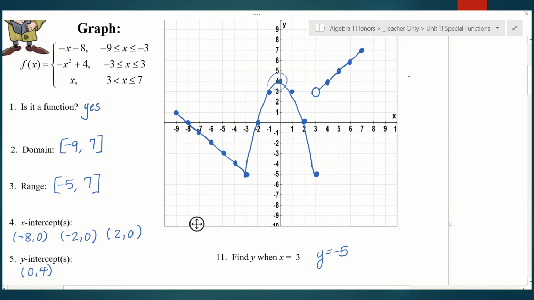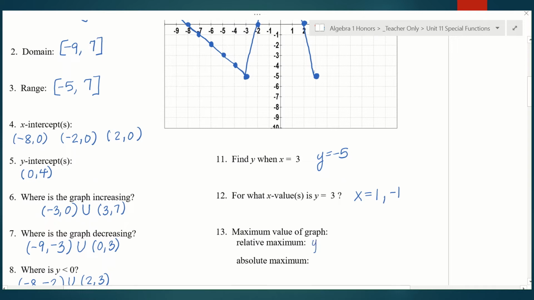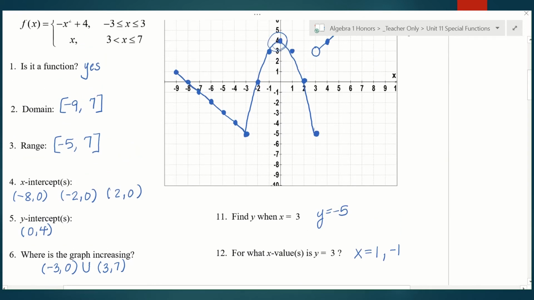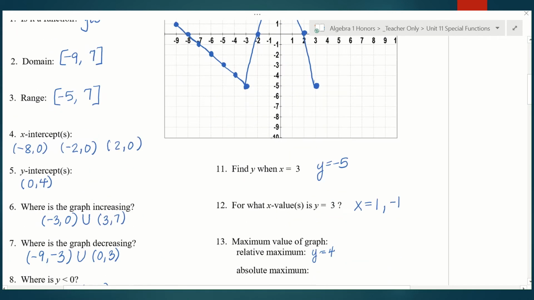So I'm kind of looking at this point right here as my relative maximum. So I'm going to say y equals 4. My absolute maximum means what is the absolute highest our graph goes. There's no arrows, so I'm going to use that point as my absolute maximum, which is 7.